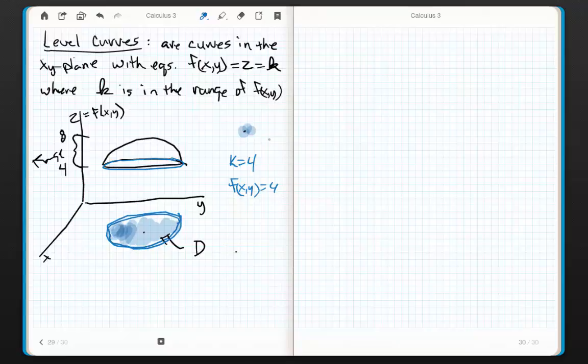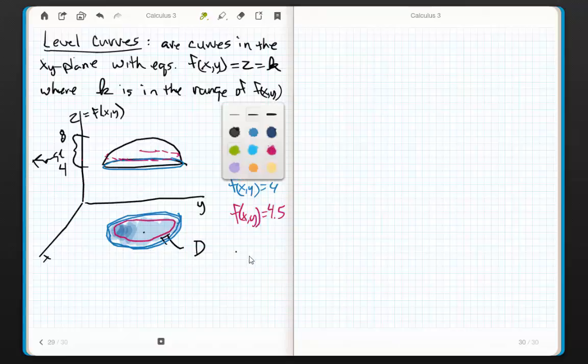All right? Now, let's change it and see what would happen. What if we said that f of xy equaled 4.5? Now we're moving up here, and now I've got a slightly smaller circle around the outside of this guy, right? So it might give me a level curve, horribly drawn, just like that. I'll give you one more example.